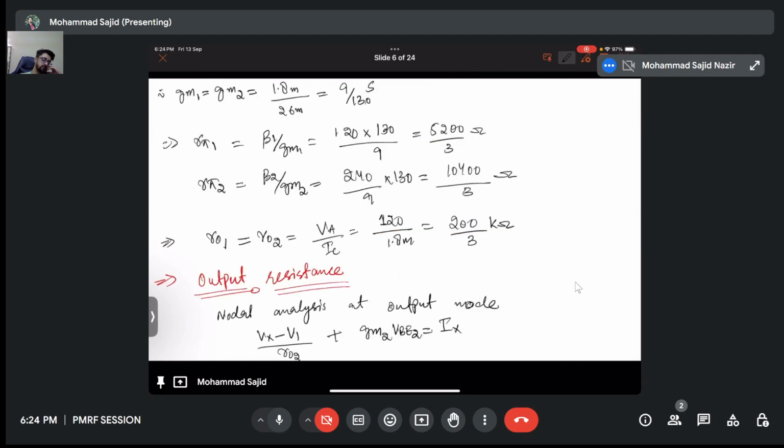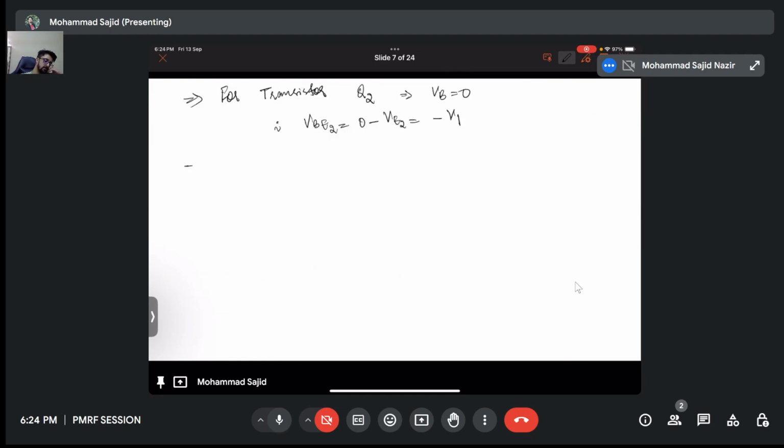So I can write Vx by r02 minus V1 by r02 minus gm V1 is equivalent to Ix.